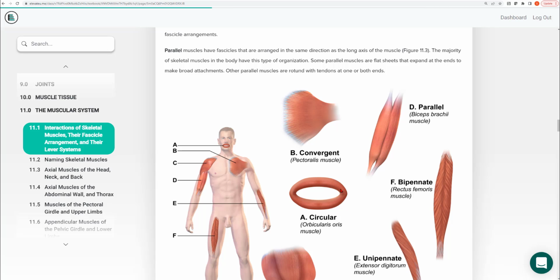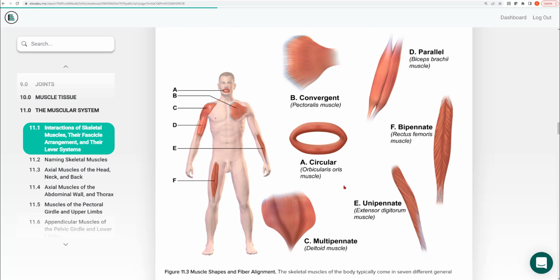There are circular fascicles. The 2 circular muscles you're going to be learning are the orbicularis oculi and the orbicularis oris, the circular muscles of the eyes and of the mouth. And then there are 3 that have the term pennate in them. You also heard this in the pre-lab presentation for muscles, but pennate means feather shaped. So you see here bipennate.